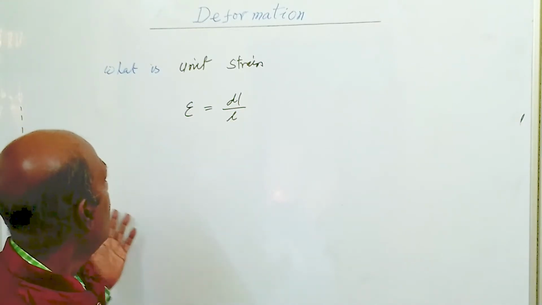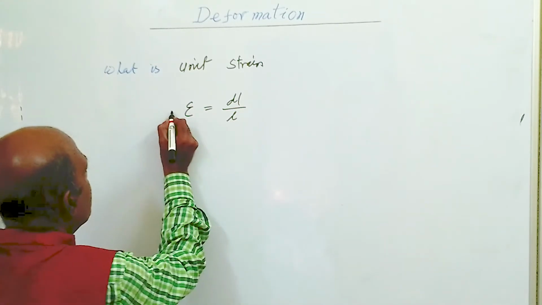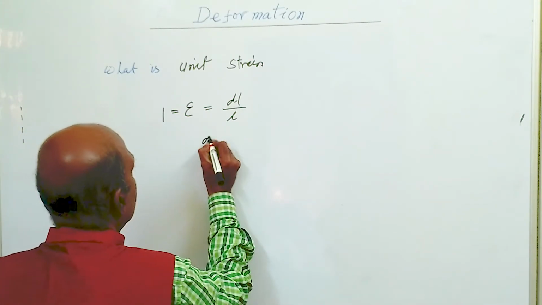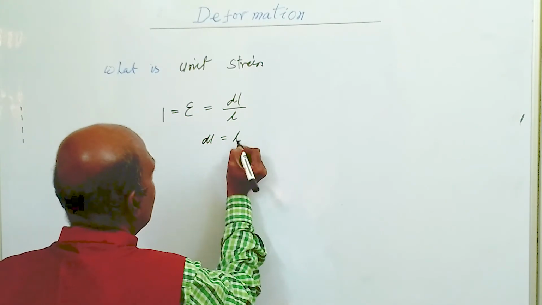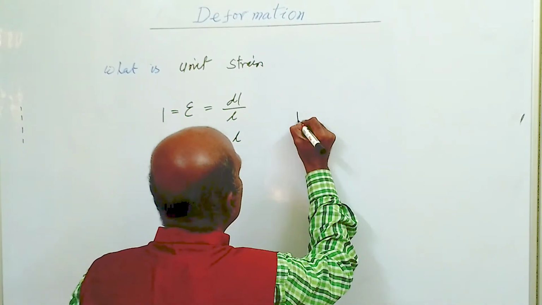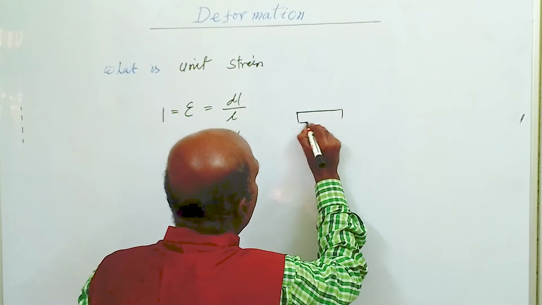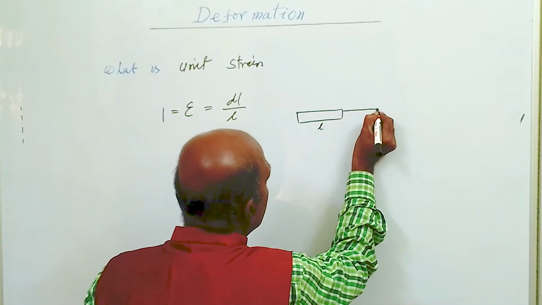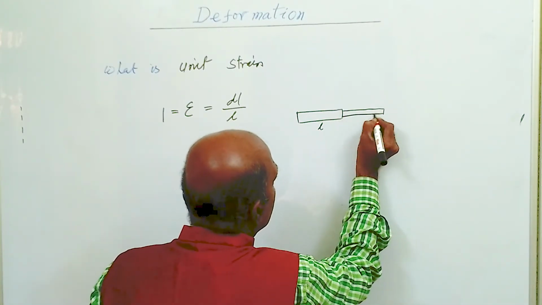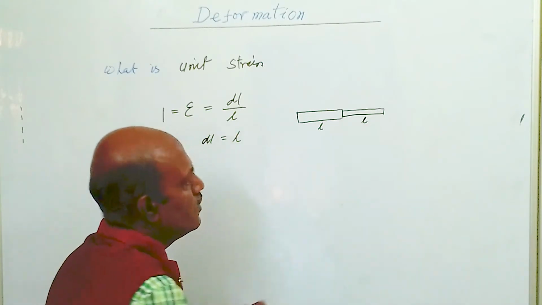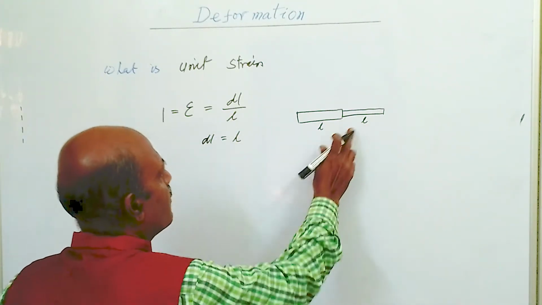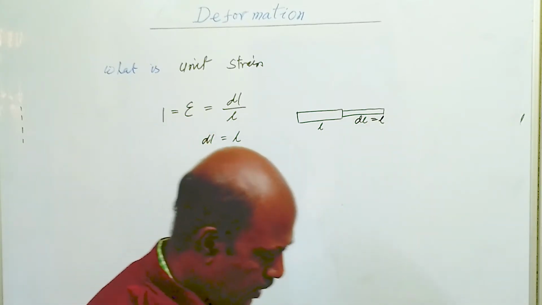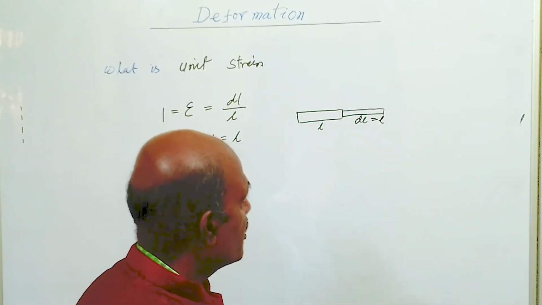Now when epsilon becomes 1, that is called unit strain. So dl is equal to L, or in other words, when a body of length L is pulled in such a way that its length becomes 2L, then the strain produced is called the unit strain. This term is called unit strain.